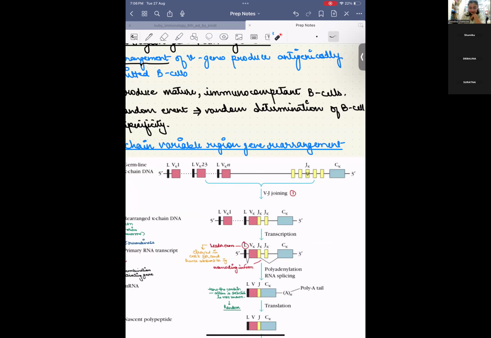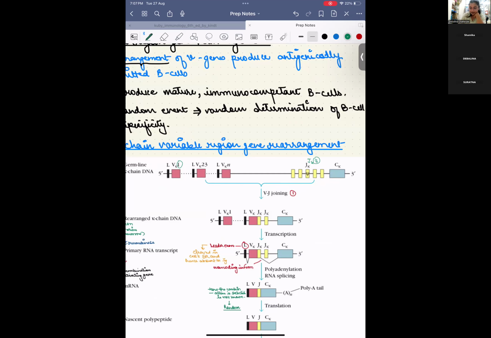So this is a 5 prime and 3 prime. There is a 3 prime region that can combine to the 5 prime of any of these J chains, right? So let's just say this first one has now come together with the third J gene segment.